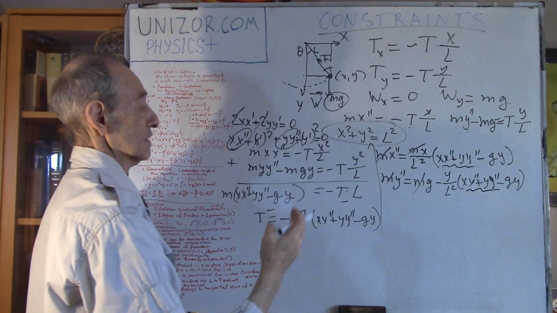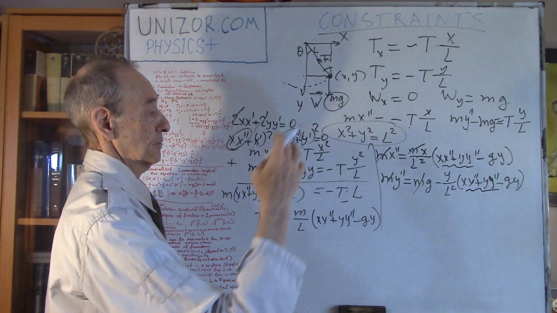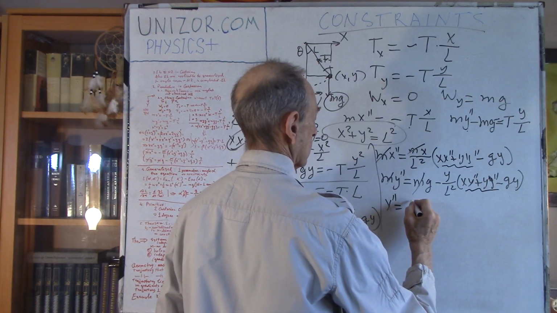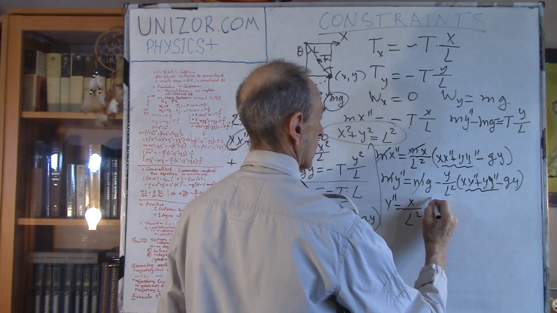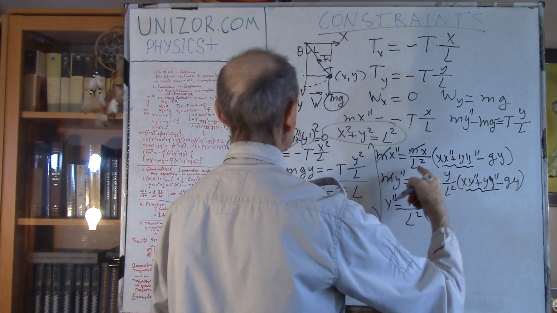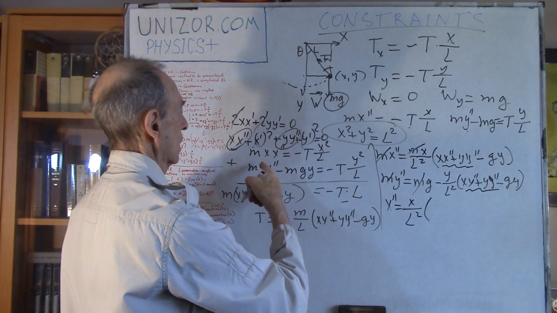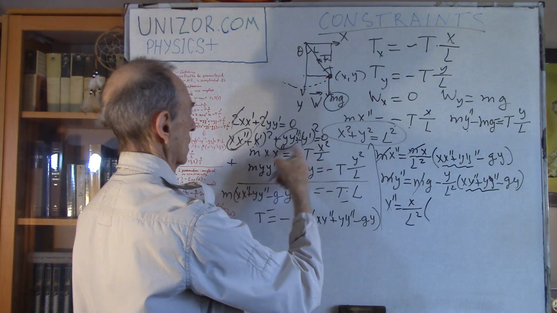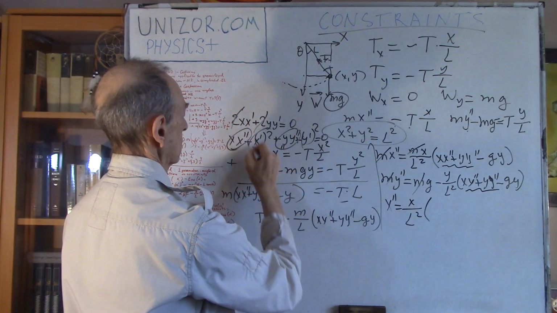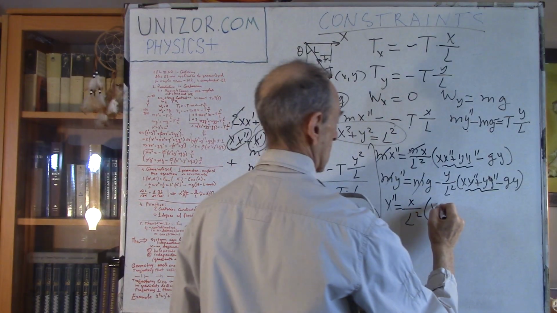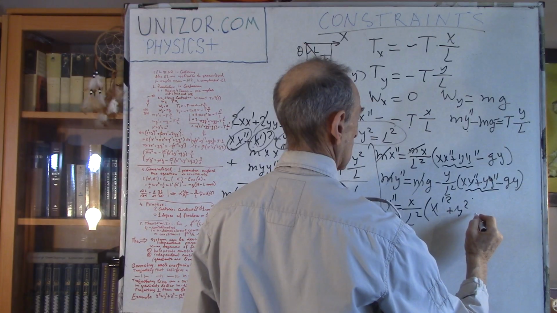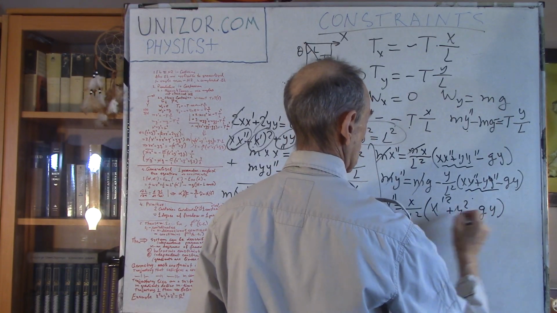It's kind of separated between different degrees of derivatives, so we will have x double prime is equal to x over L squared, and then instead of this, I will put minus y prime squared, minus this plus this, x prime squared plus y prime squared, minus gy with a minus.